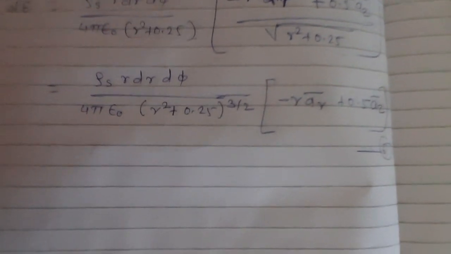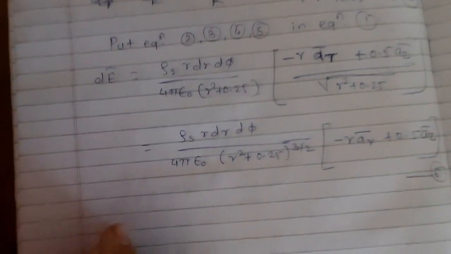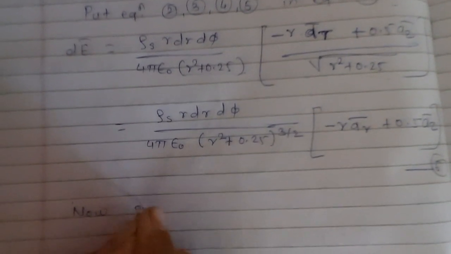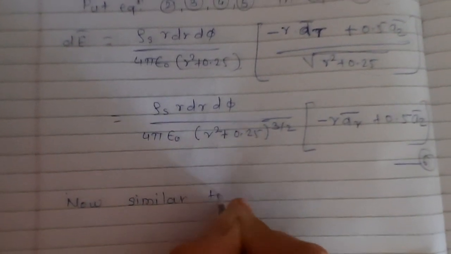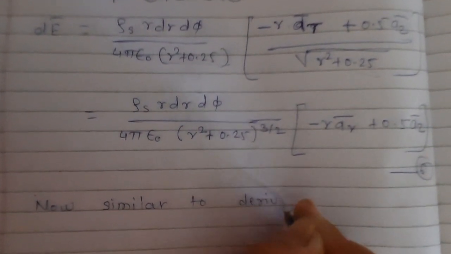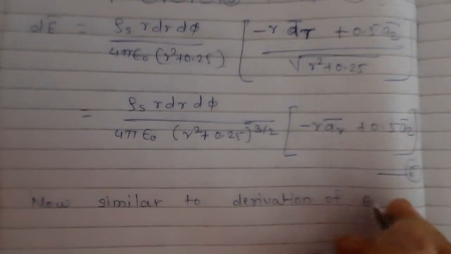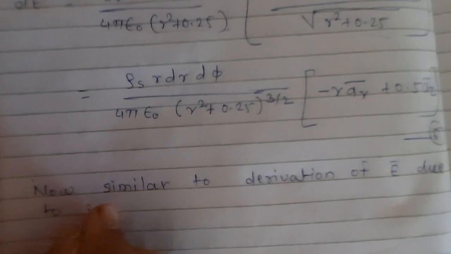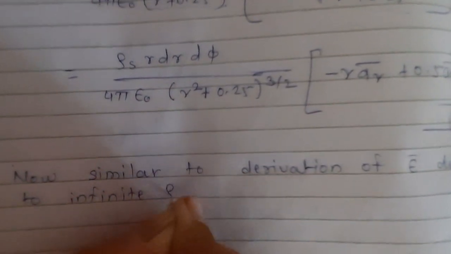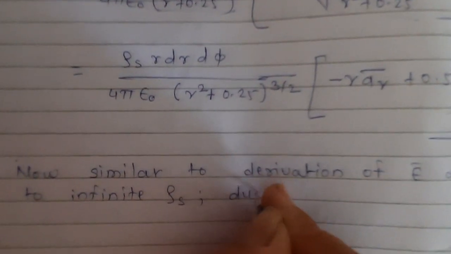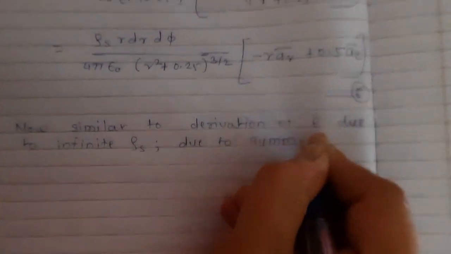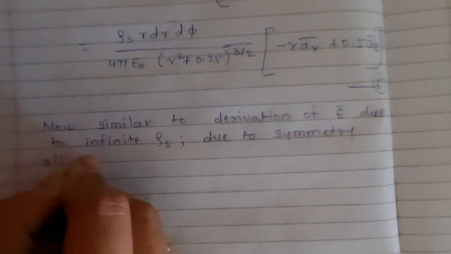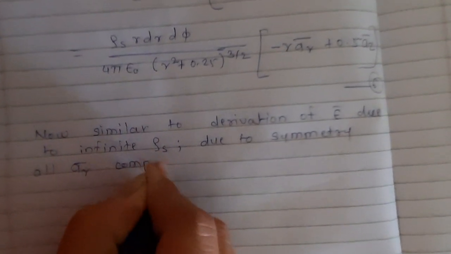Now similar to the derivation of E bar due to the infinite rho s, due to the symmetry all ar bar components get cancelled.